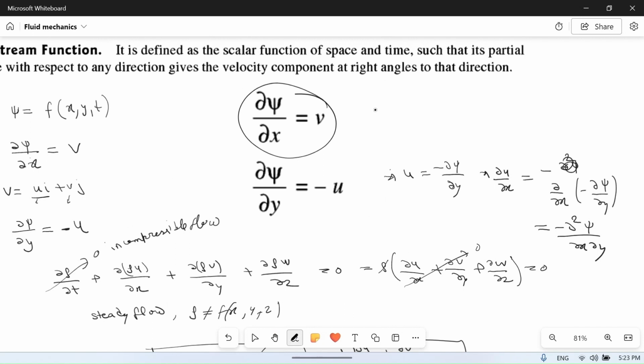Similarly, del v upon del y is equal to del upon del y of del psi upon del x, so it will become del square psi upon del x del y.